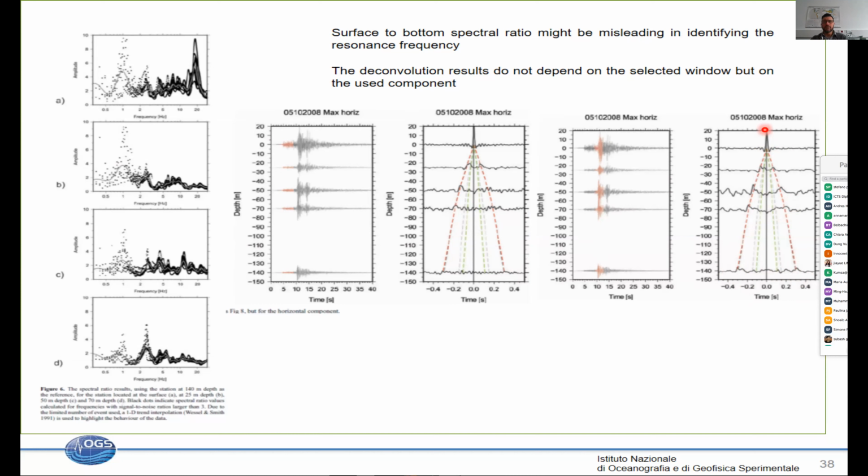So this has to be done if you want to be sure that you will get only the transfer function from the bottom to the surface. Otherwise, you can make some mistake.